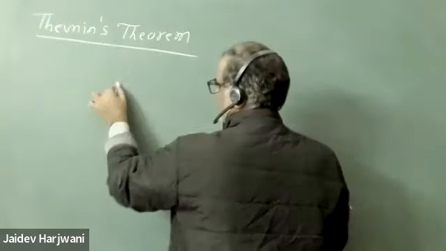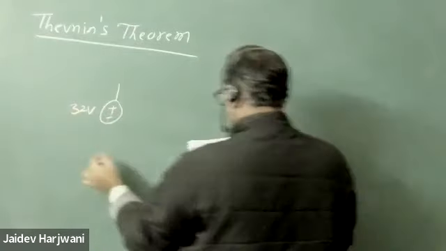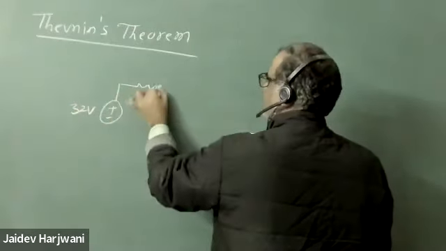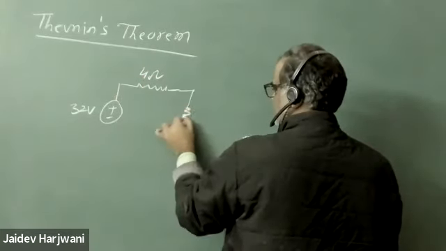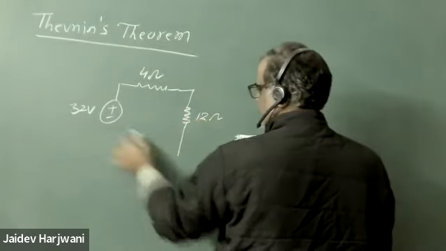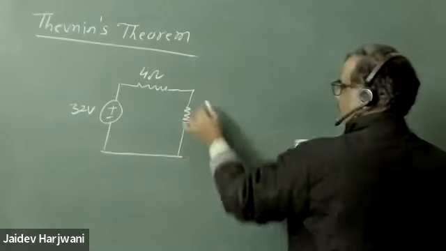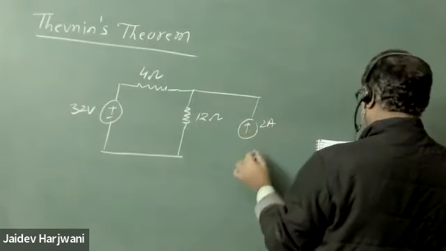Yes. For example, now I have a 32-volt battery, and I have this 4 ohm resistance. I have one 12 ohm resistance, and I have a 2 ampere current source.